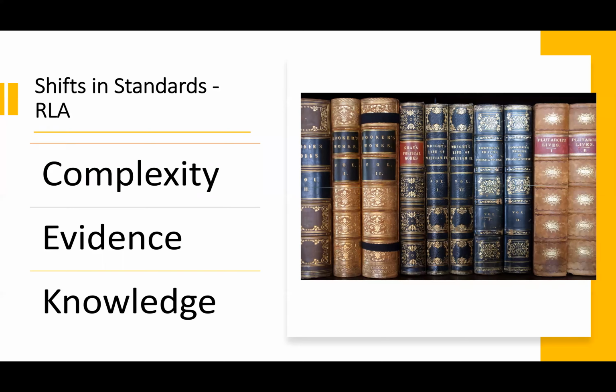Complexity, which is exposing students to complex text in both instruction and assessment, with an emphasis on frequently encountered academic vocabulary and the disciplines of literature, science, history, and the arts. And evidence, which is reading and writing and speaking grounded in evidence from text, literary and informational. Students must be able to cite evidence from texts and support claims through careful analysis and create well-defined claims. And finally, knowledge, which is really putting all of these things together.